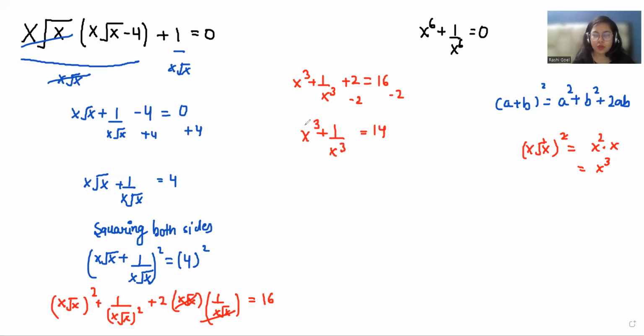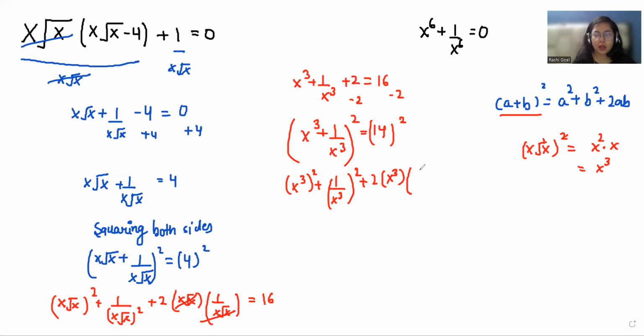Now again I'm squaring both sides, and again I'm using the same identity. So x cube square plus 1 over x cube square plus 2 times of x cube times 1 over x cube is equal to 14 square, that is 196.